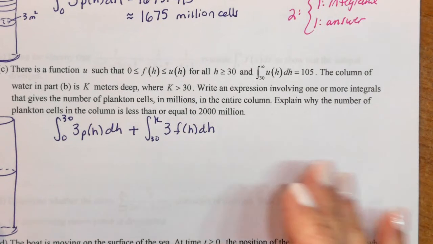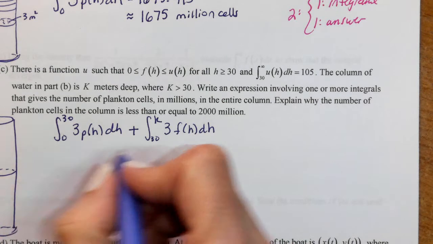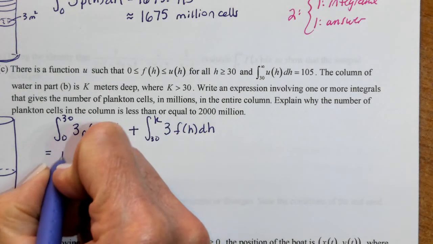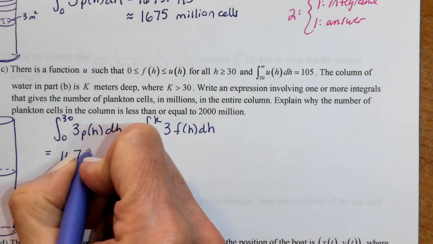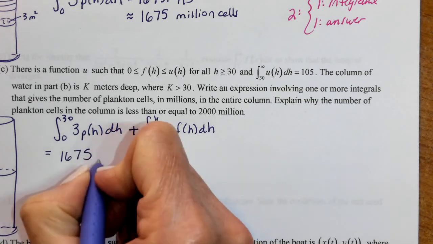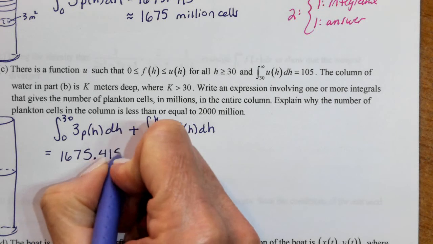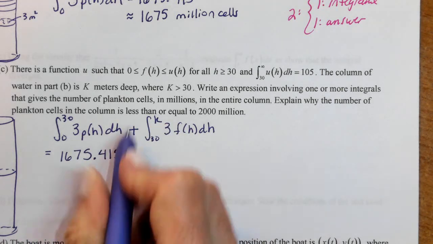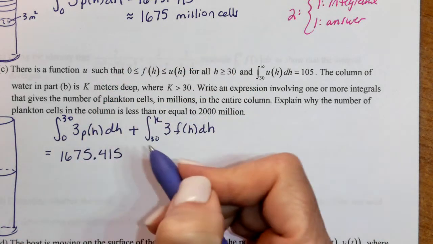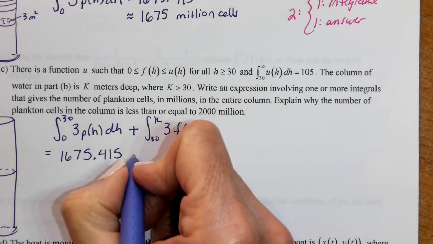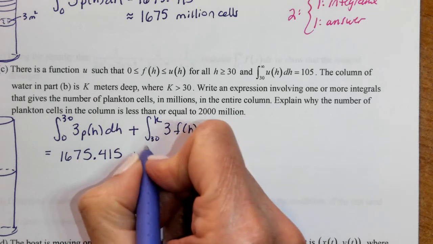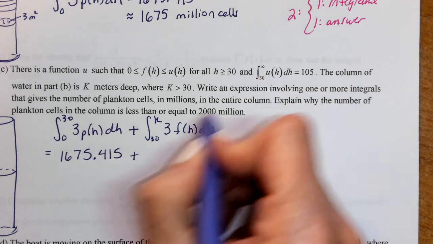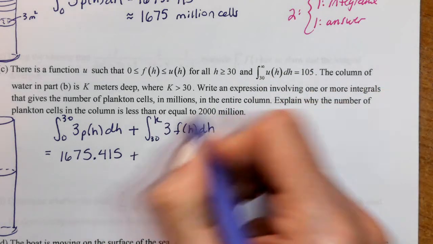So I'm going to say that, all right, this is equal to what I found up here, 1.675. I think I'm probably going to give the 3 decimal places there. I think we would be fine if we rounded it, but I'm just going to give that number. I'm going to take the 3 out because there's no 3 up here in this integral, and I'm going to have to compare.